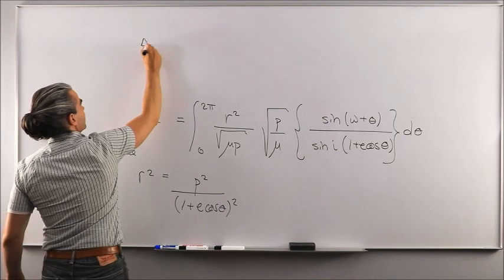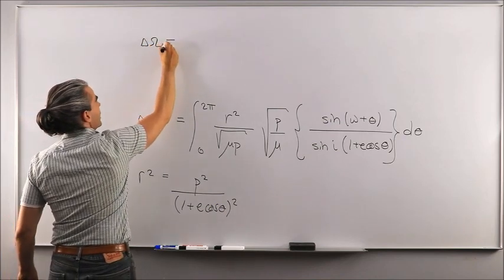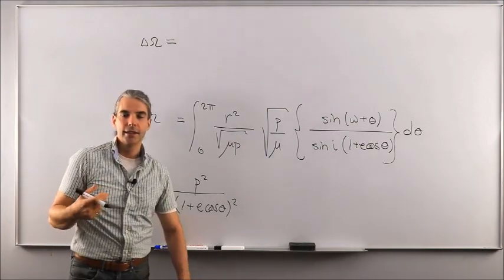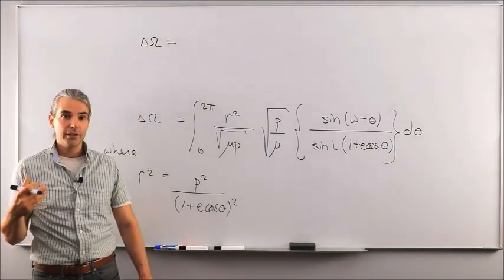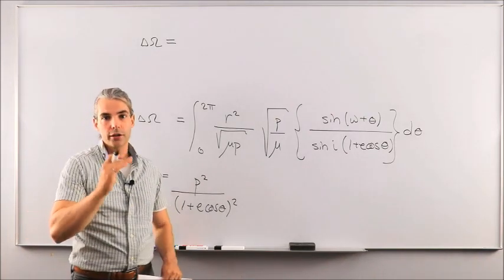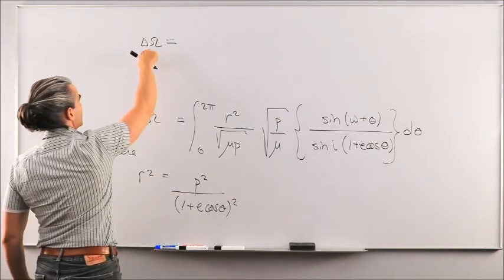And write the secular variation in RAAN, which I'd like to remind you is the net variation in radians that RAAN will go through over one complete orbit. This is what this denotes.